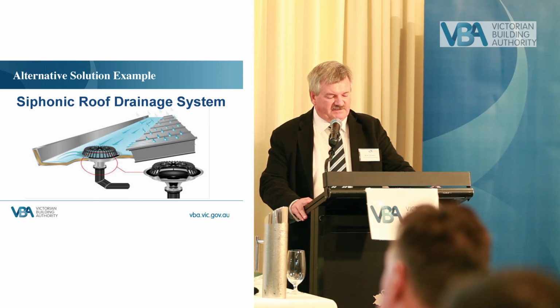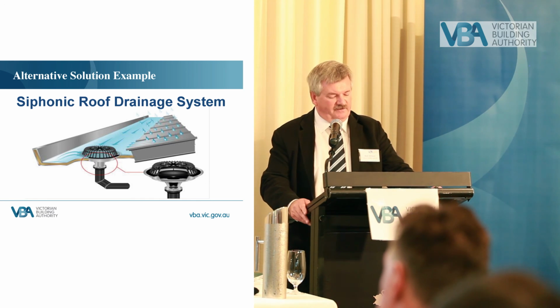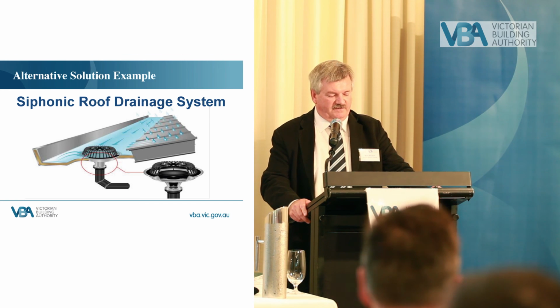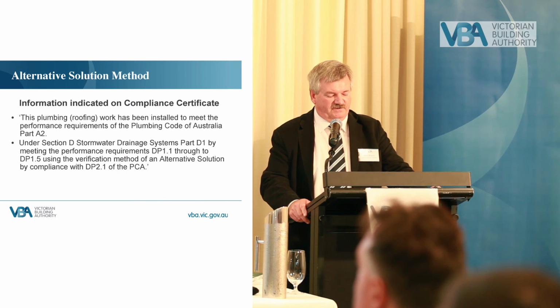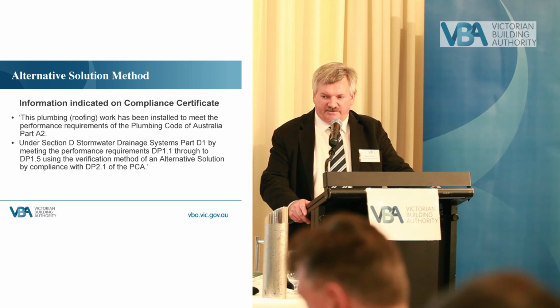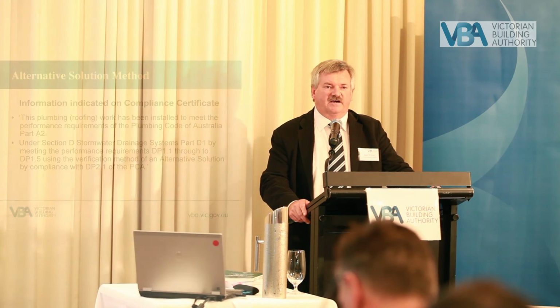Siphonic roof drainage systems are not listed in the deemed to satisfy requirements of Australian Standards AS 3500 or HB 39, and as such cannot be certified under the deemed to satisfy provisions. They must be installed as an alternative solution with the manufacturer's engineered calculations and specifications. The slide shows the information required to be included in the installation detail section of a compliance certificate as taken from the PCA.